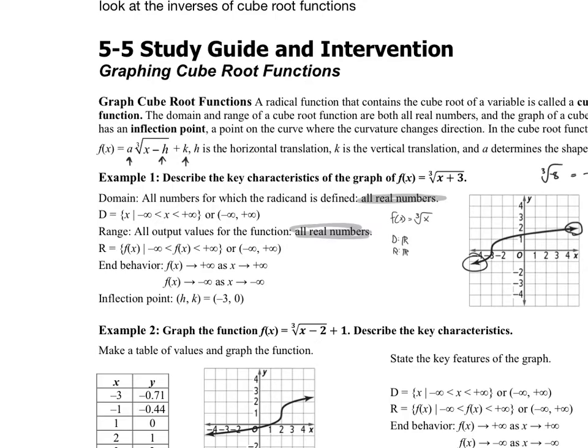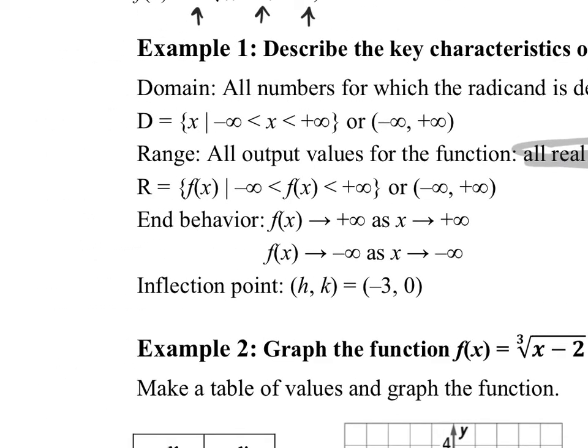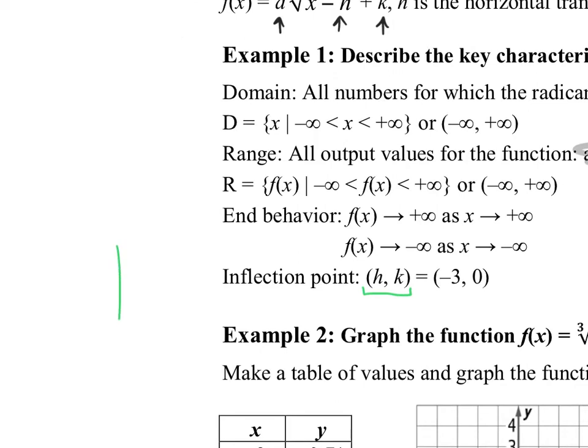The only thing that these guys will have special is something called an inflection point. The inflection point is going to be essentially the middle of this graph, and it's actually just your h and k value. So it's the same thing as a square root graph where we would track where that guy started. It was h comma k.